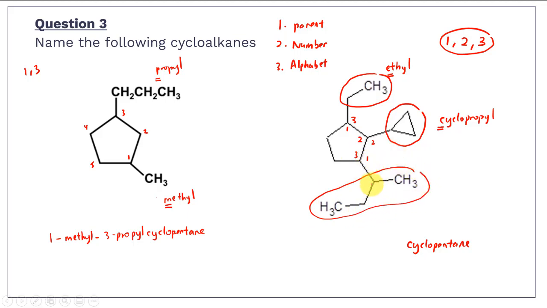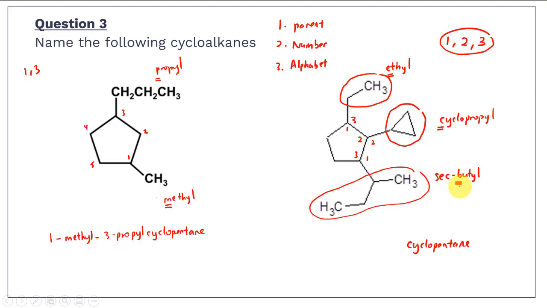It is attached to the parent with the secondary carbon, and there are 4 carbons in this substituent, so the name is sec-butyl. For sec-butyl, you just ignore the sec, and we take B as the letter to arrange alphabetically. So we have E, C, and also B.